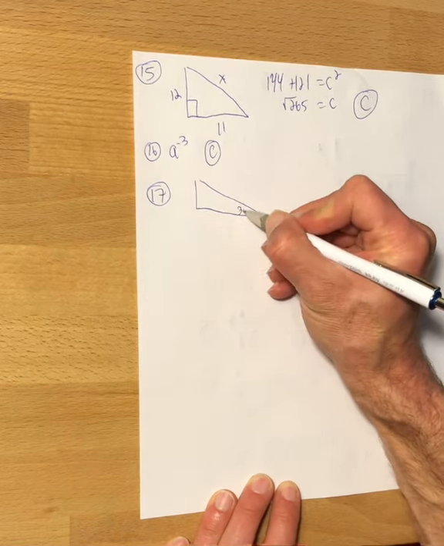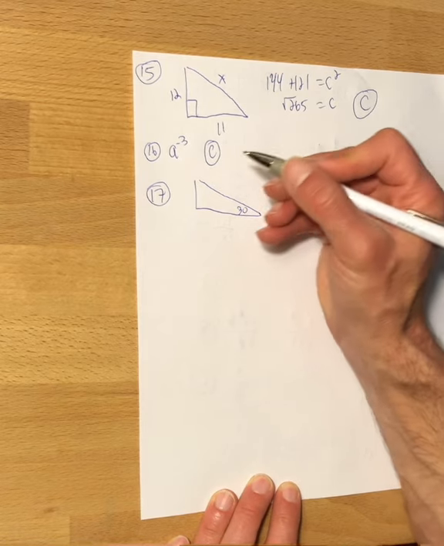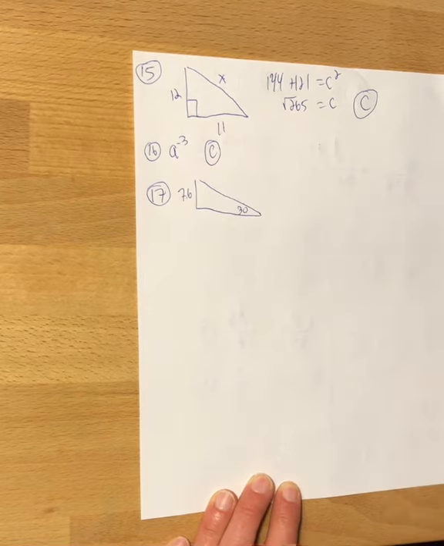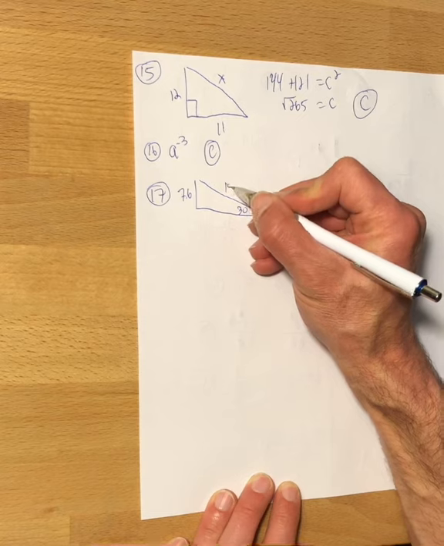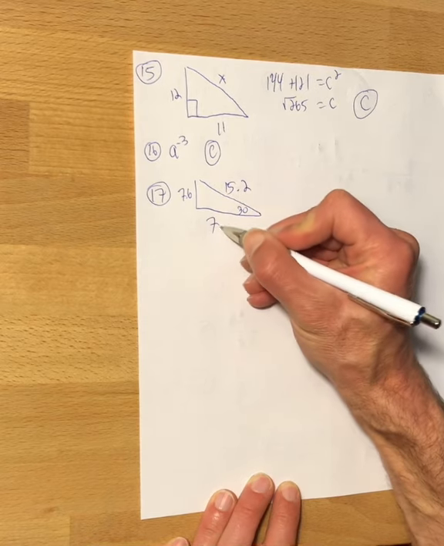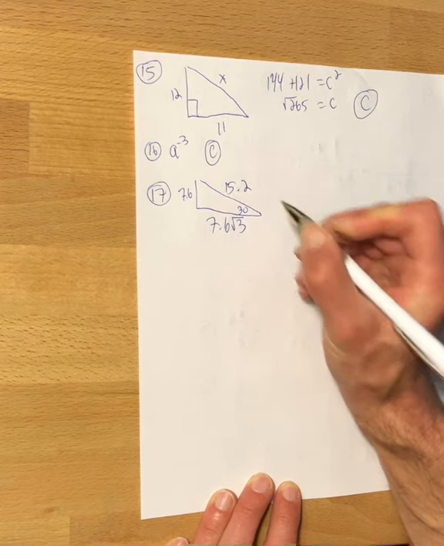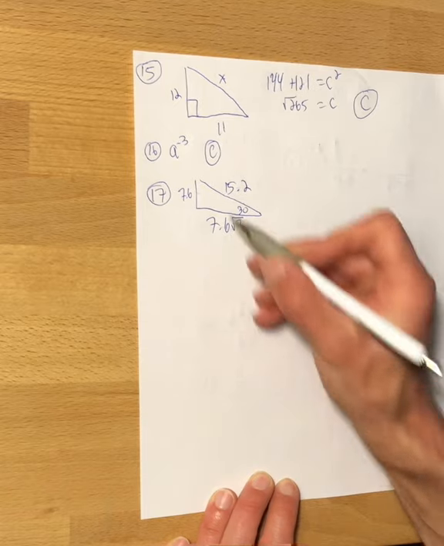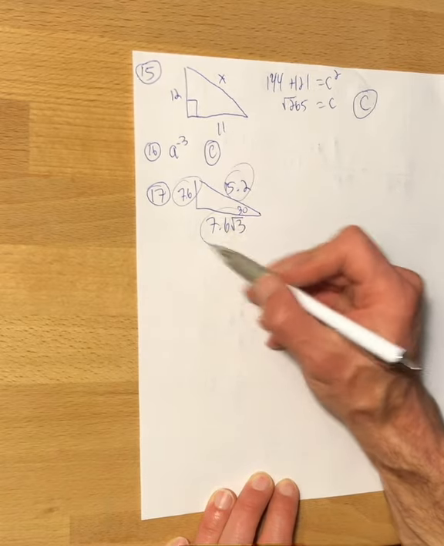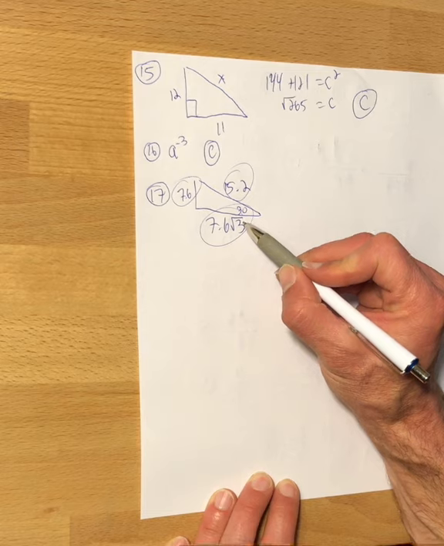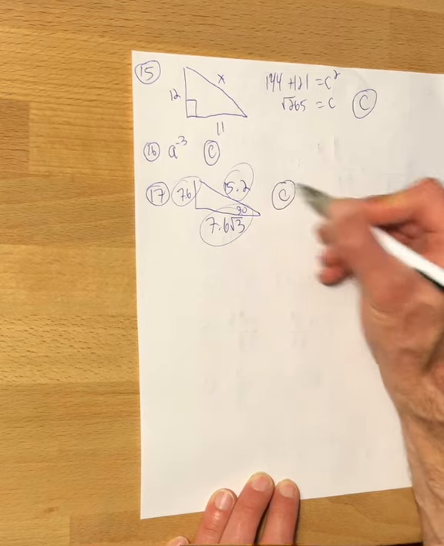That means the side across from your 30 degrees is 7.6. This is twice that, which is 7.6 times 2, 15.2, and this is 7.6 root 3. What's your perimeter? 7.6 plus 15.2 plus, and then you just leave 7.6 root 3, which is going to be letter choice C.